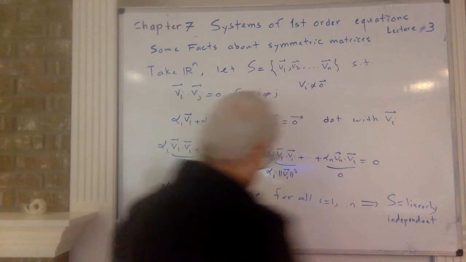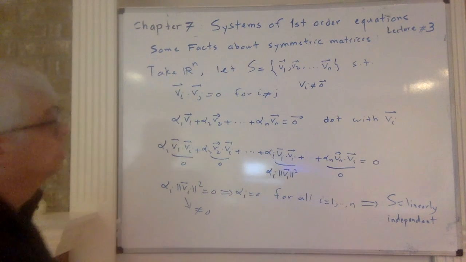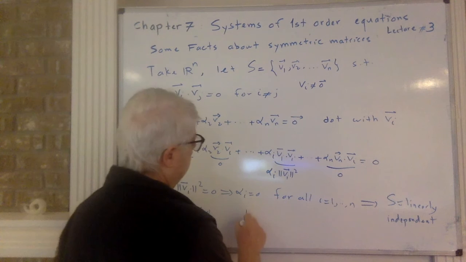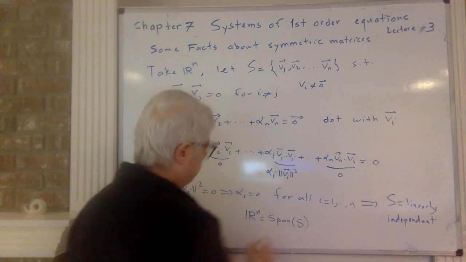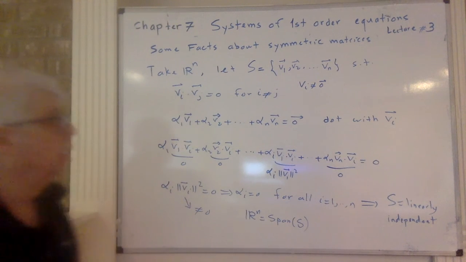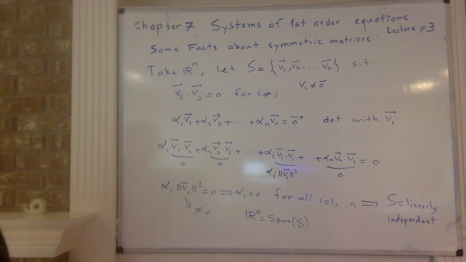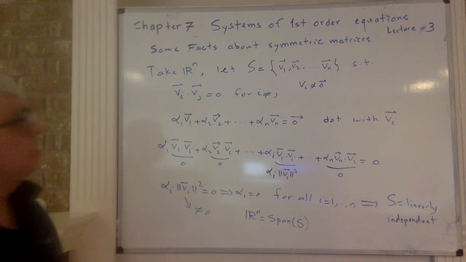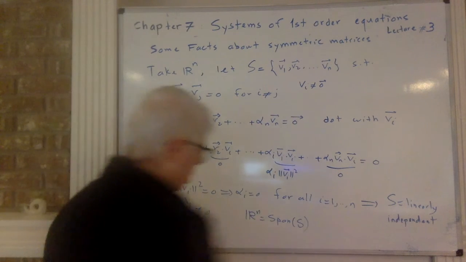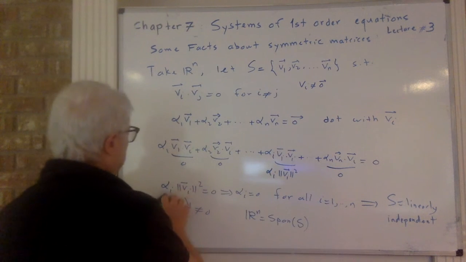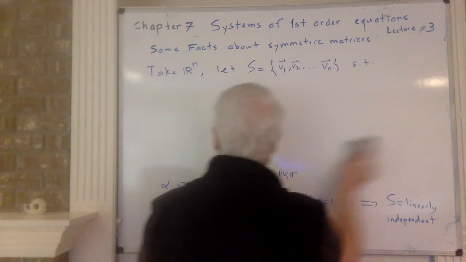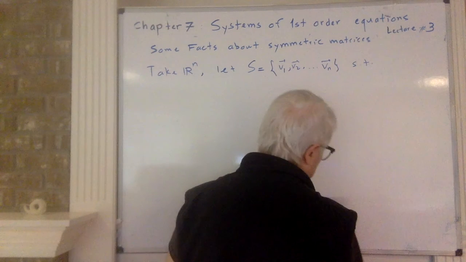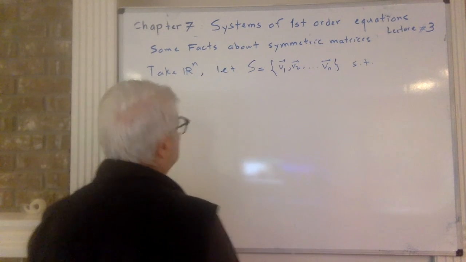So that makes a basis for Rn. I can say that Rn is now the span of S. Okay. Now I can make this into what we call an orthonormal basis. So orthonormal means that, well, let me erase all these things. Orthonormal simply means that they are normalized, which means they all have unit magnitude.